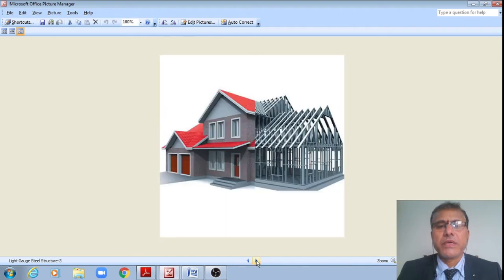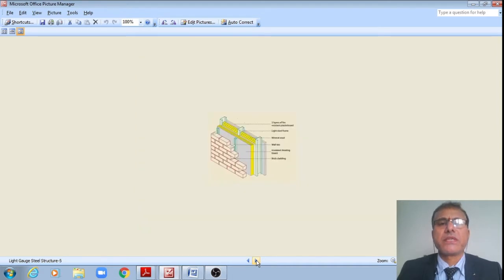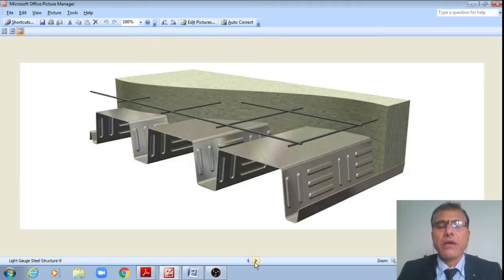Or even the design of a wall stud, what should be the spacing of these studs, etc., that we will examine, as well as the design of this steel decking, with the different types of lips, either like this or like this. These designs we'll try to see.